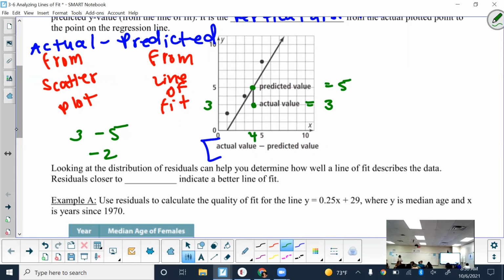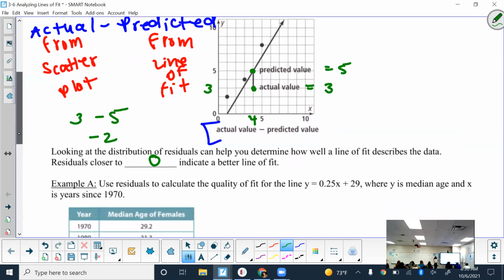Residuals that are closer to 0 would indicate a better fit. Wouldn't that mean it's right on the line if the residual is 0? Because that means there's no distance between the actual and the predicted. So we want our residuals to be as close to 0 as possible for our trend lines. Questions there?